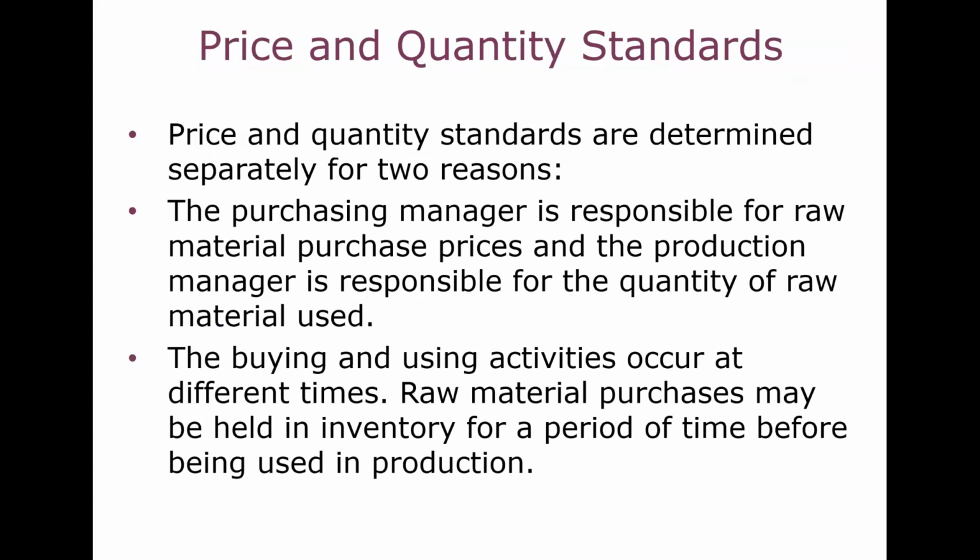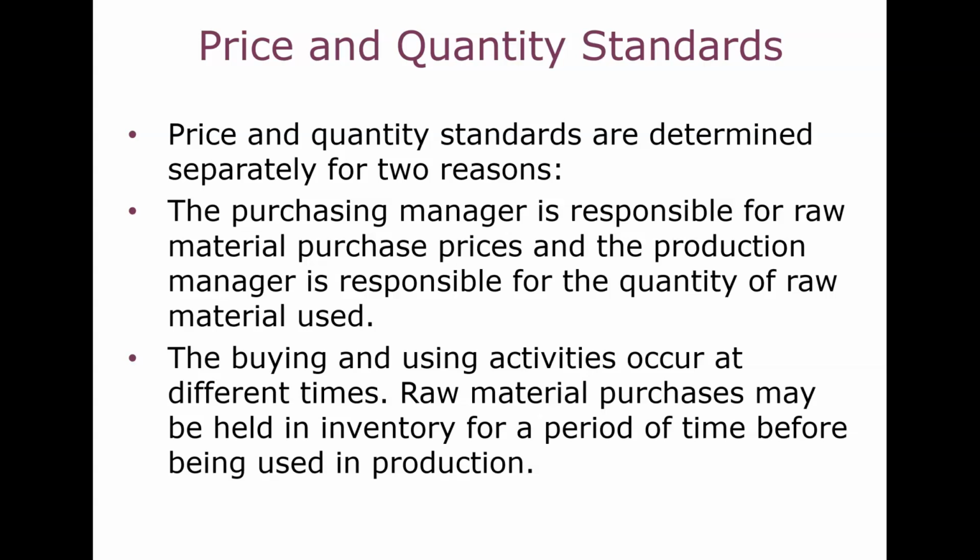One of the reasons why we look at the price and quantity standards separately is because if we have a favorable or unfavorable variance, it could come because we got the material cheaper or that we used more or less than we should have used.